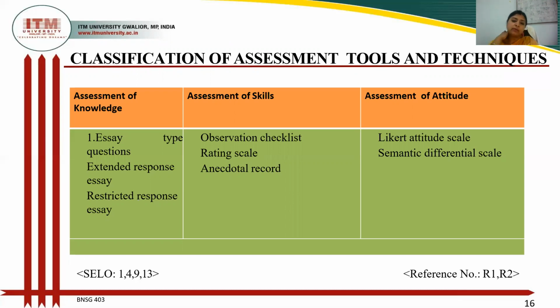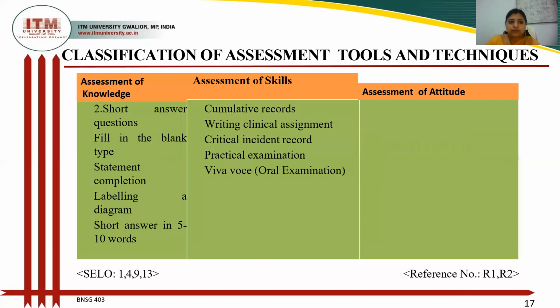Then the assessment of skills. What assessment can we use with the observational checklist, which we dealt with in today's class also? In the observation checklist we can go for the rating scale and anecdotal record. And attitude is measured by the Likert scale and the semantic differential scales.